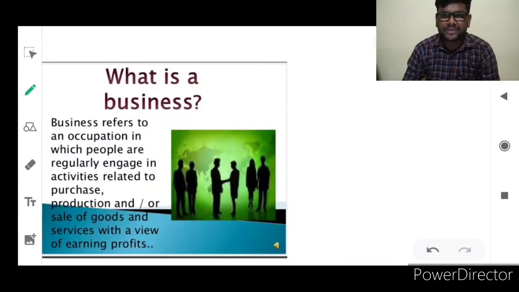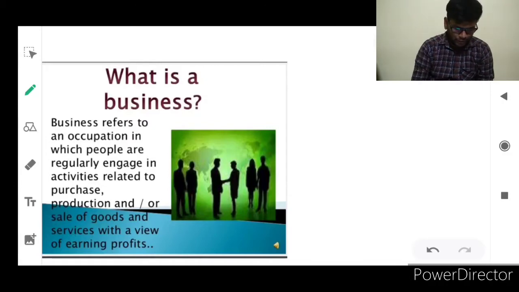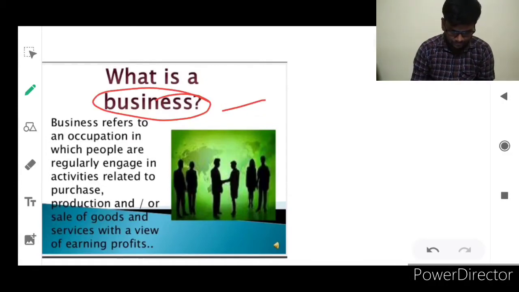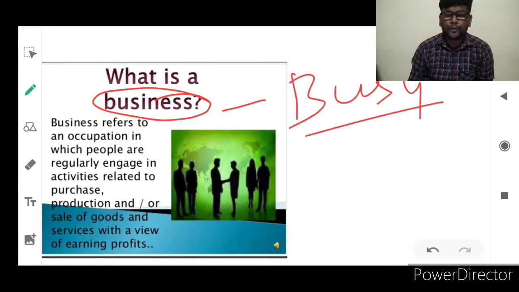What is a business? This is a question. The word business is derived from busy, being busy. If you involve yourself in any activity for making money, called profit, that is business.